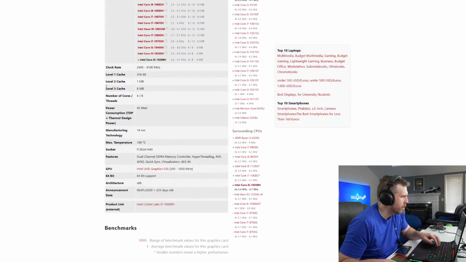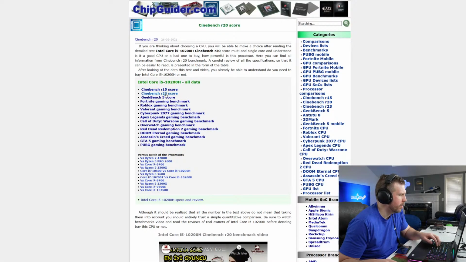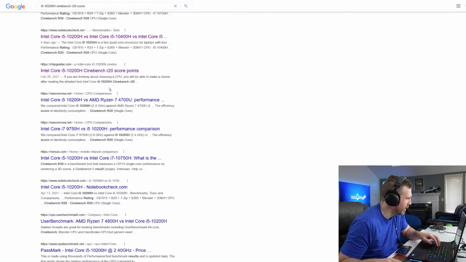Remove from comparison. Notebookcheck has no benchmarks for that processor. This one does not have any Cinebench R20 either.